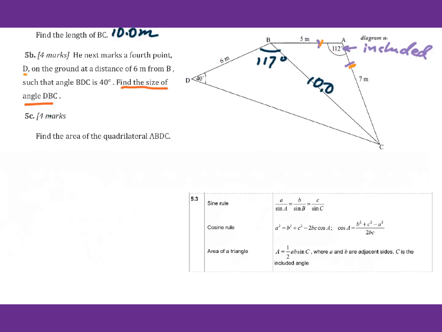Go to 5C. Find the area of quadrilateral ABDC. Normally, for quadrilateral area, we need to divide this quadrilateral into triangles. Then we figure out the different types of triangle. We add them together to get the quadrilateral area.